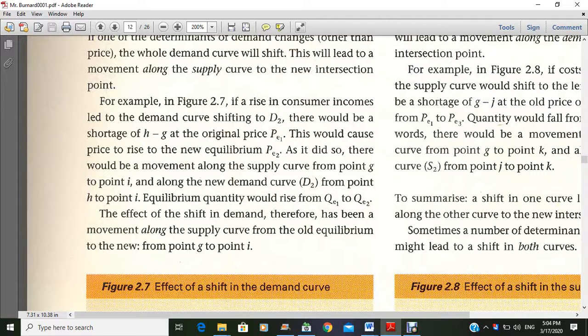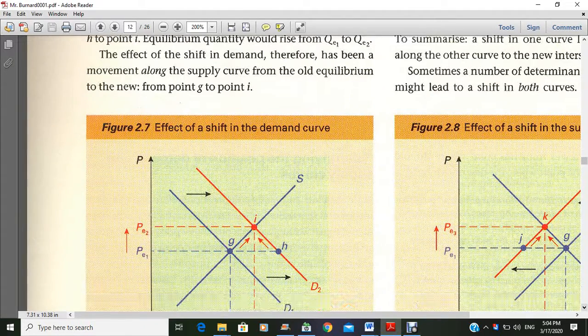As it did so, there would be a movement along the supply curve from point G to point I, and along the new demand curve from D2, from point H. So there's a movement along the supply curve from point G to point I, from here to here.